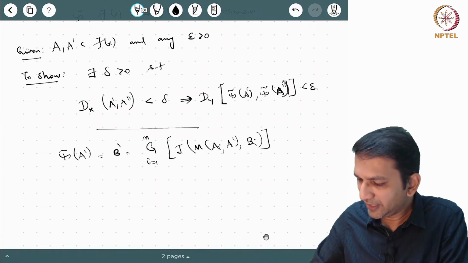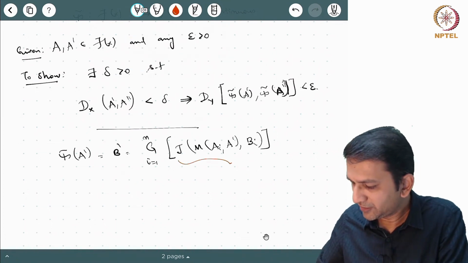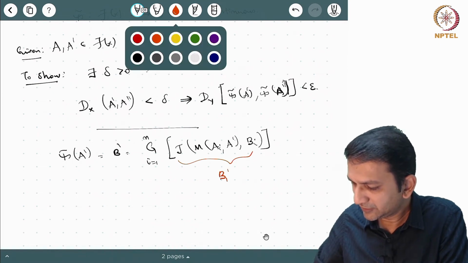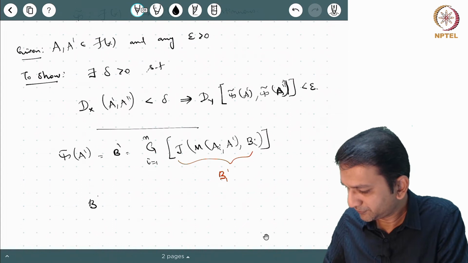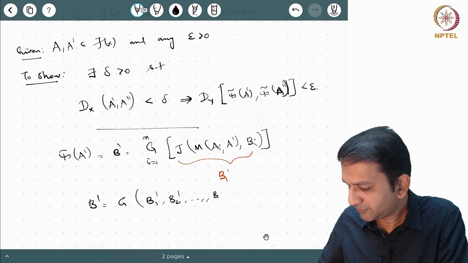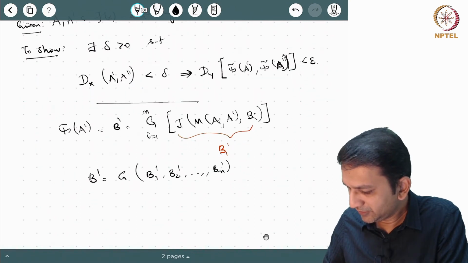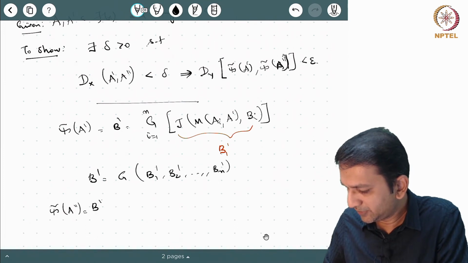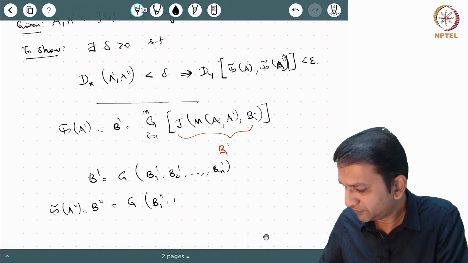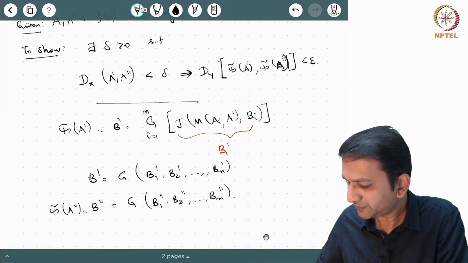Now writing this quantity as Bi dash, we could write B dash as G of B1 dash, B2 dash, so on to Bn dash. Similarly, psi tilde of A double dash is B double dash, which can be written as G of B1 double dash, B2 double dash, so on to Bn double dash.